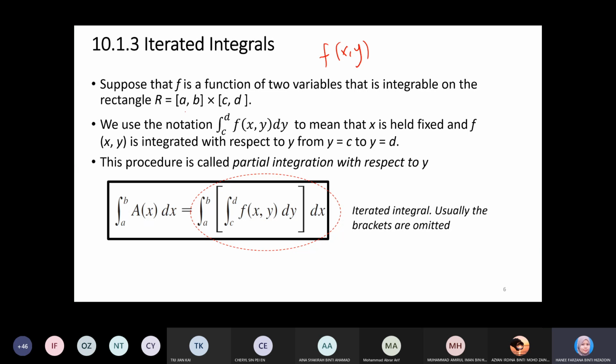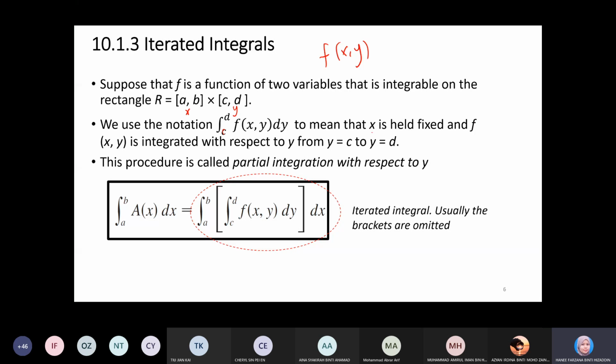The interval a to b is for the x-axis, and c to d is the interval for the y-axis. We use the notation integral of f from c to d with respect to dy to mean that x is held fixed. x is considered a constant, not a variable, because now we are integrating with respect to the variable y.